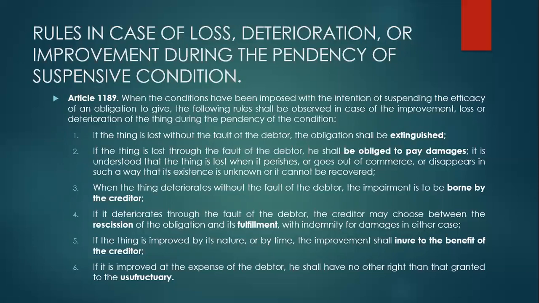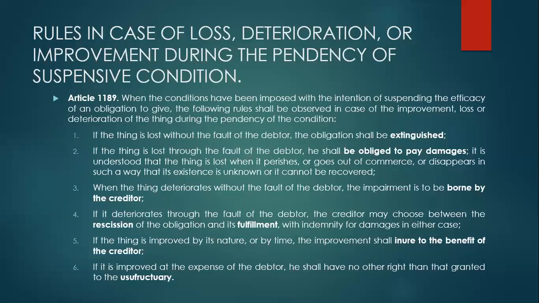What will happen to the obligation if, during the pendency of the fulfillment of the suspensive condition, there is loss, deterioration, or improvement? The article that will govern these instances is Article 1189.